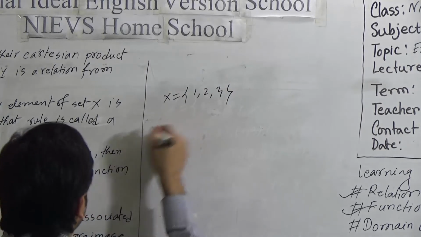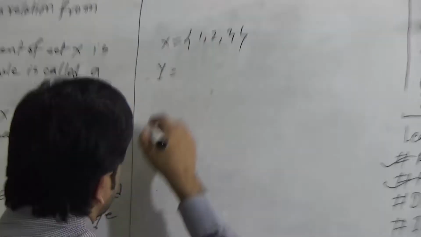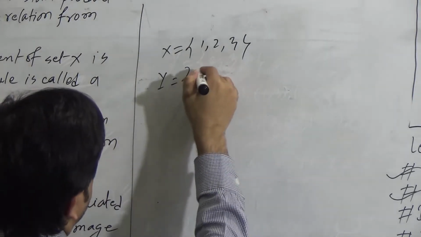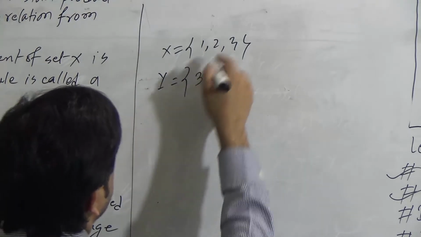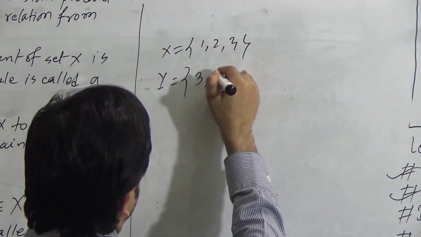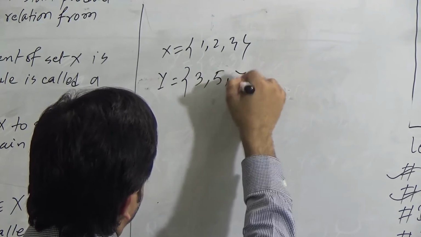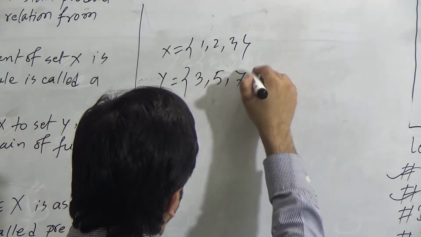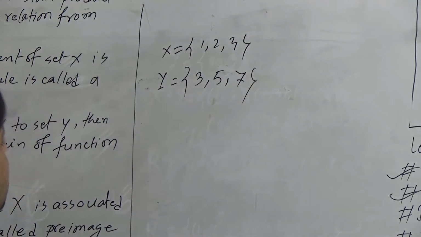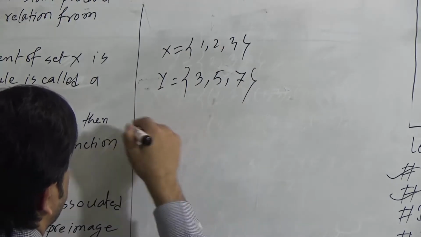Now if we consider Y as another set, suppose the elements of Y are 3, 5, 7. Okay, so we can determine a function here.